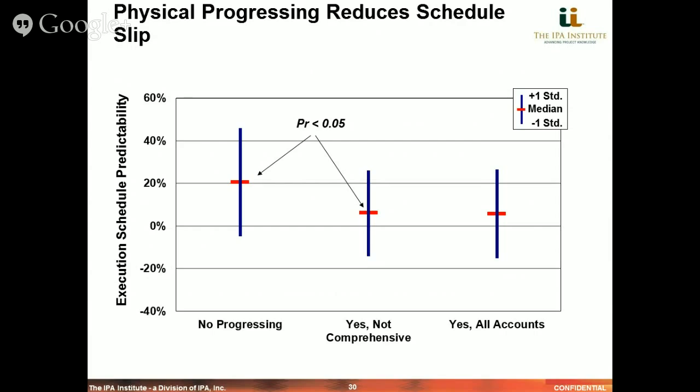And so what's interesting is that even with some level of physical progressing implemented into the project system is correlated with a significant improvement in schedule predictability, all the way from about a 20% average schedule slip to what looks to be maybe a 7 or 8% schedule slip, as well as a more narrow bandwidth for that particular group of projects.